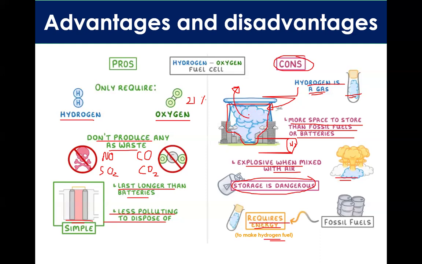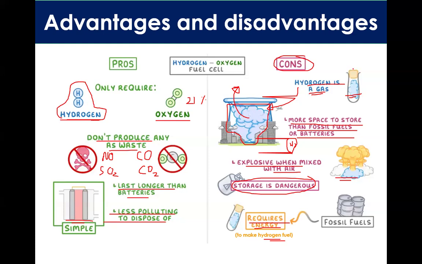So earlier we talked about how oxygen makes up a large proportion of the atmospheric air, but hydrogen is not as abundant as oxygen, right? In the air, as a separate gas, hydrogen is not abundant.